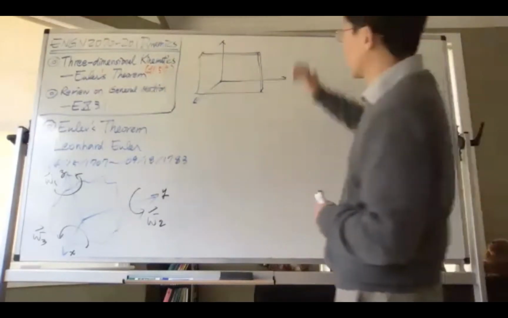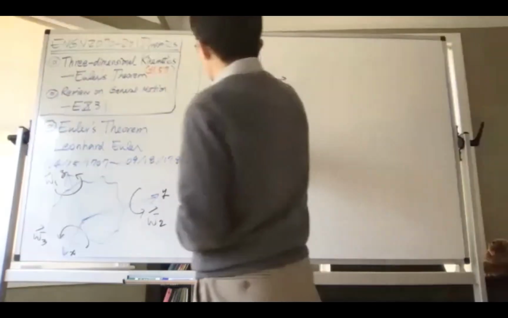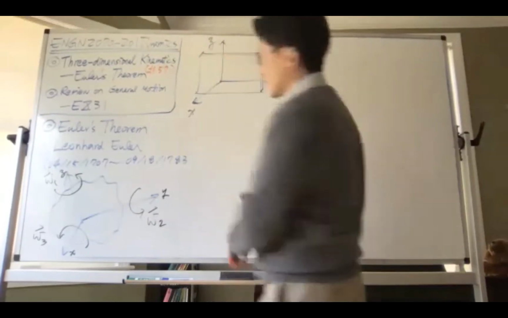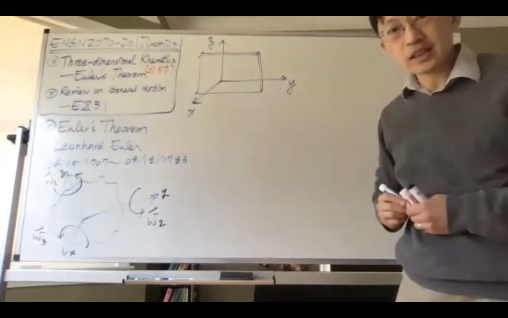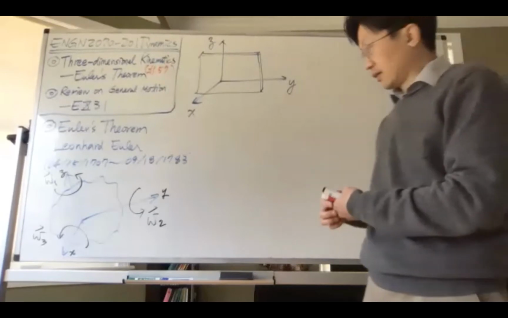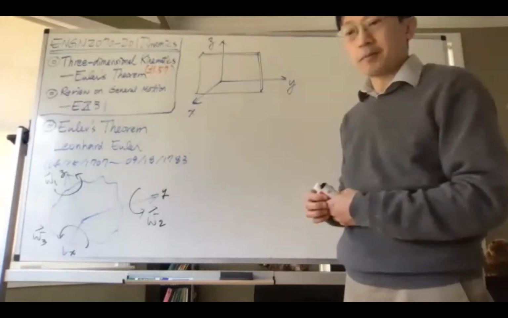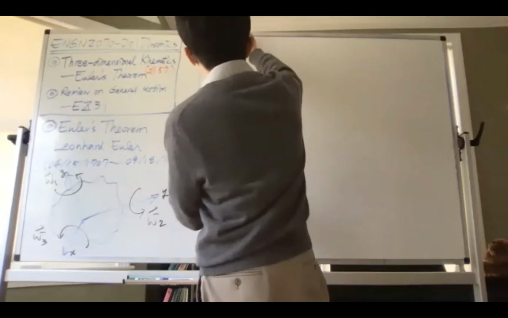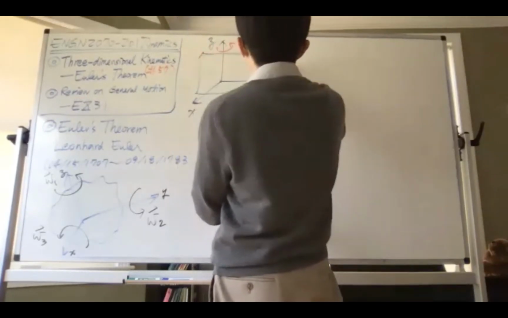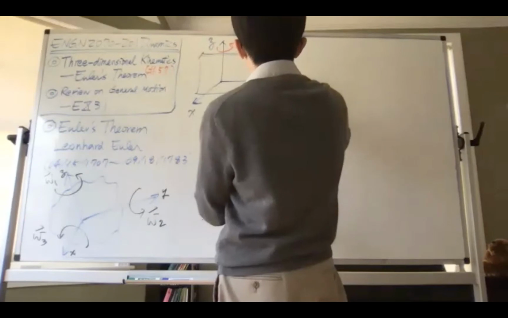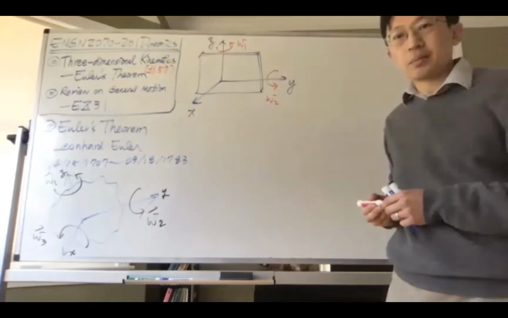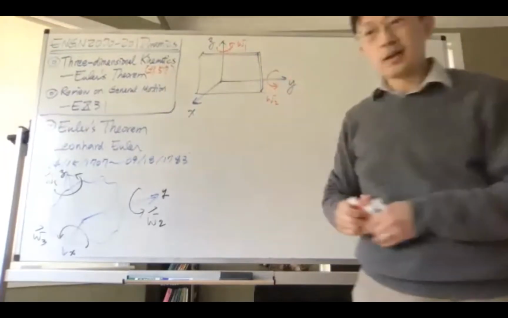And the plate, of course, we dealt with the plate problem several times, in XYZ like this. And the plate experiences angular motions in, let's say, 2 different directions. One is here, we call it omega 1, and another one is this, omega 2. Suppose the plate experiences omega 1 and omega 2.